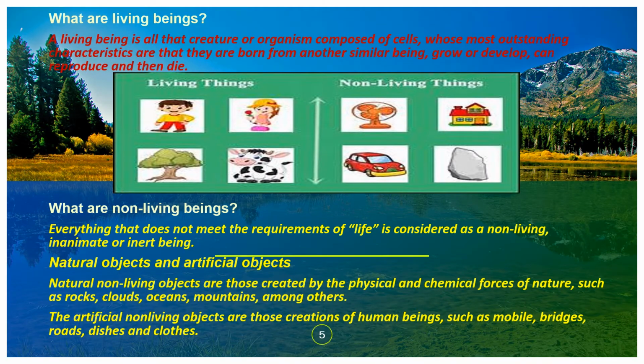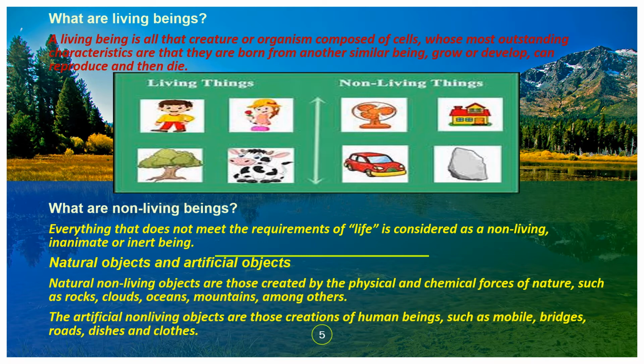Now, what are living beings and what are non-living beings? Actually, the words are the same. There's not a big difference between a living being and a living thing. Okay, don't get confused. If it is a living being, that means it's a living thing only. So what are living beings? A living being is any creature or organism composed of cells, the basic unit of life.